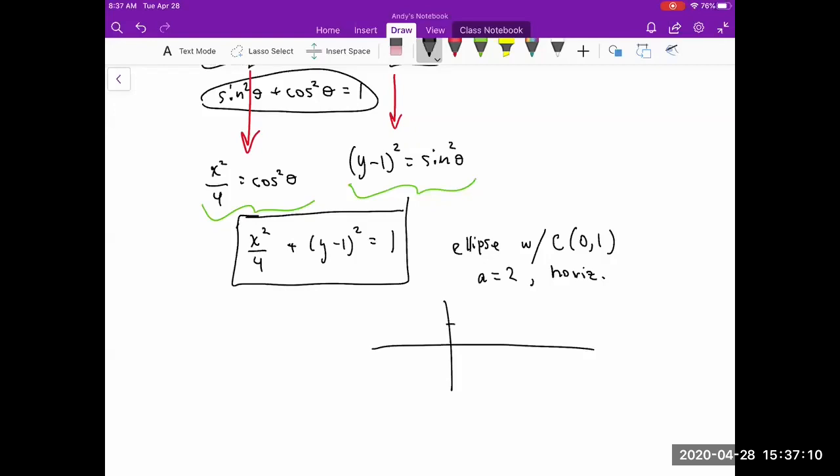So the center is 0, 1. It's up here. You would go to the left and right by a distance of 2. You'd go up and down by a distance of 1 because the denominator of y is 1. So you get this shape here.